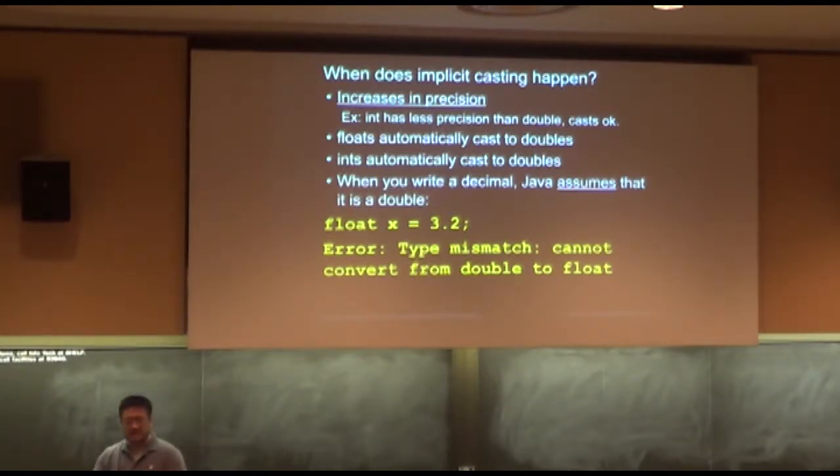We'll talk about exactly what it is in even more detail later, but this is a number and it has a type, and that type is double because it's a decimal value. Attempting to take this double and store it into this float is a type mismatch because they're not the same type. You can't store doubles into floats. And in particular, the double has greater precision than the float, and so it cannot be implicitly casted to store into that floating point variable.